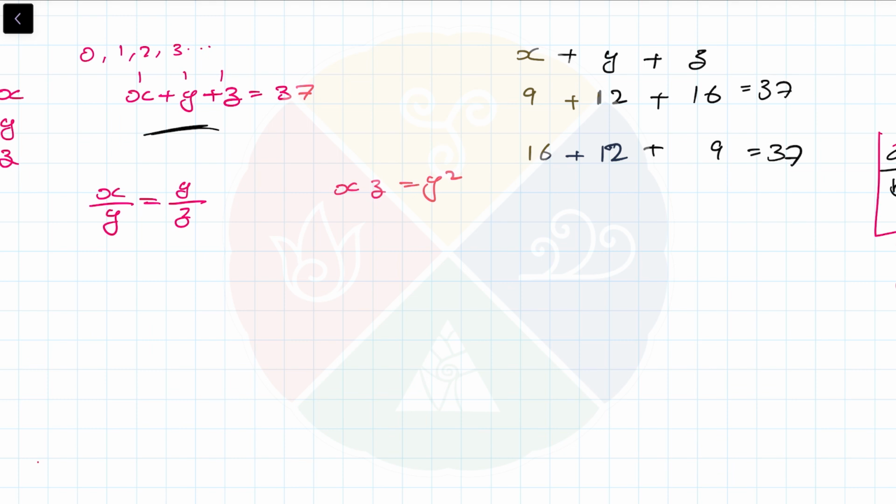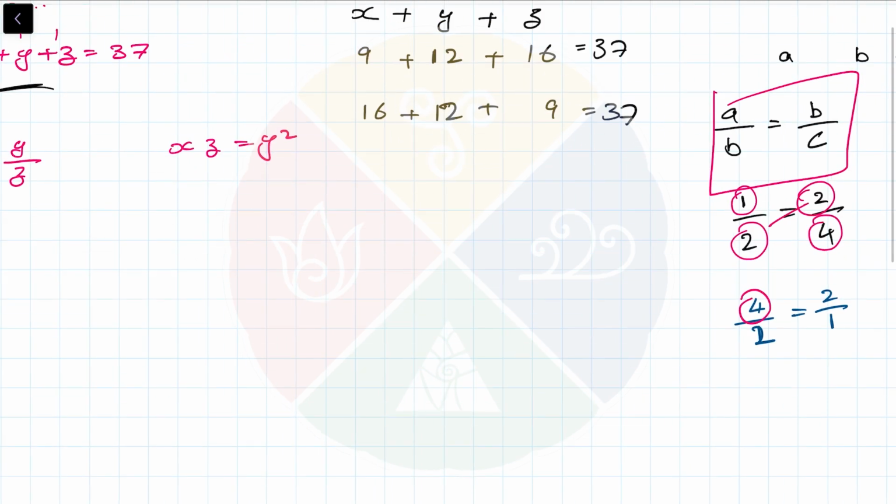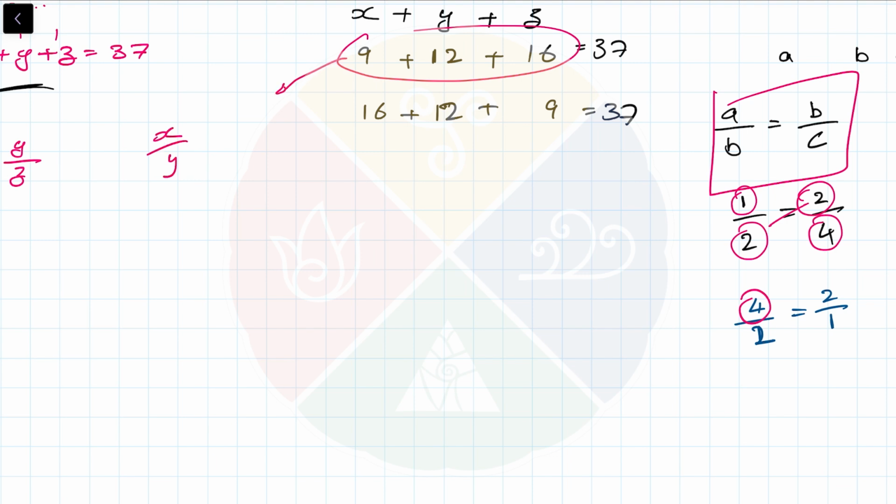Here also you're going to get 37. And if you look at the ratio, X by Y is equal to Y by Z. If you check 9 by 12, is that the same as 12 by 16? If you divide by 3 on one side, this will become 3 by 4. If you divide by 4 on the other side, this is going to be 3 by 4. So this satisfies both conditions.